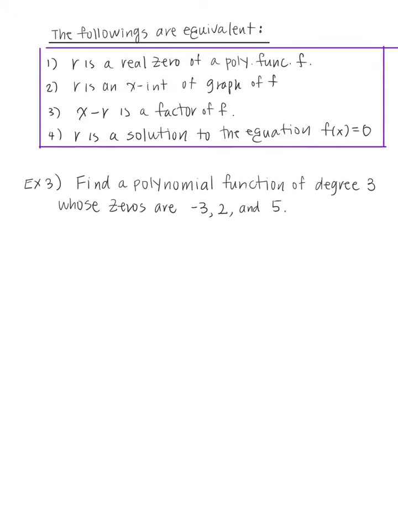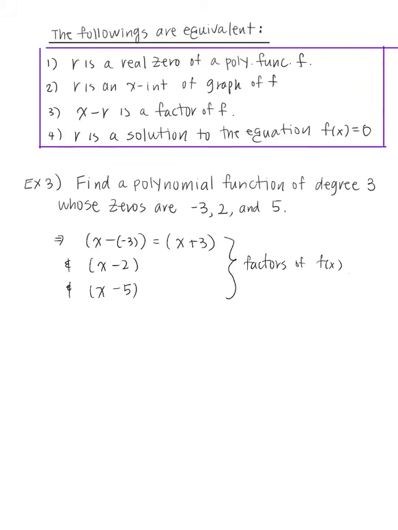So if the zeros are -3, 2, and 5, then we know that x minus -3, which is the same thing as x plus 3, and x minus 2, and x minus 5 must all be factors of f of x. So what we can do is write f of x as (x plus 3)(x minus 2)(x minus 5).